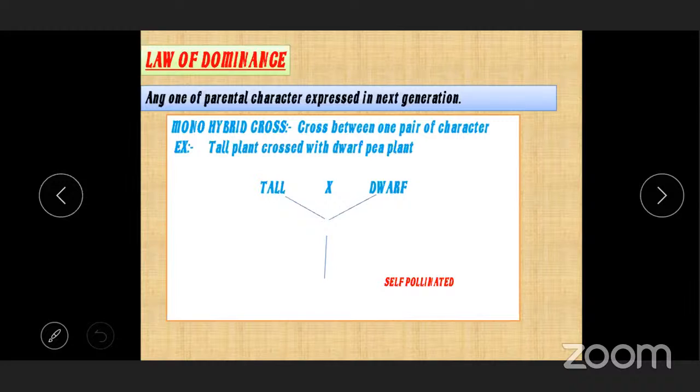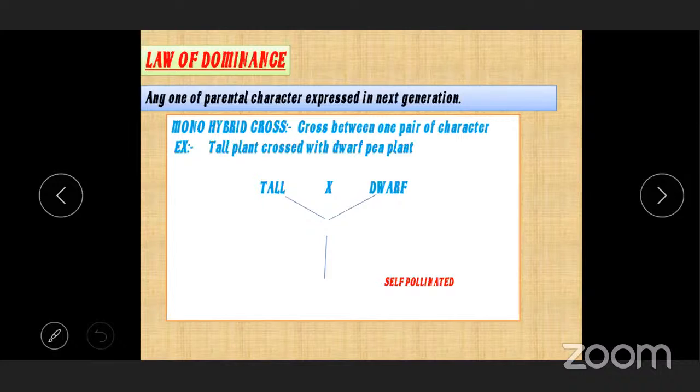How many pairs of characters were observed by Gregor John Mendel? 7 pairs of characters. Among those 7, he took one pair for the monohybrid cross. For example, a true breeding tall plant crossed with a true breeding dwarf pea plant.